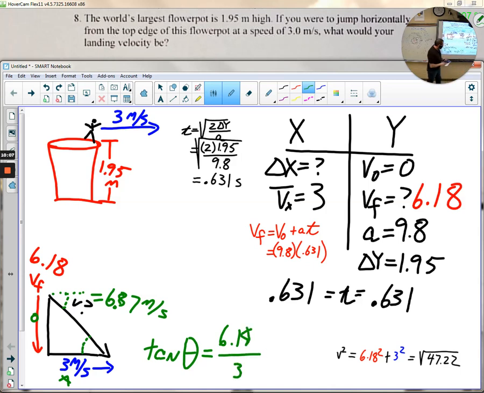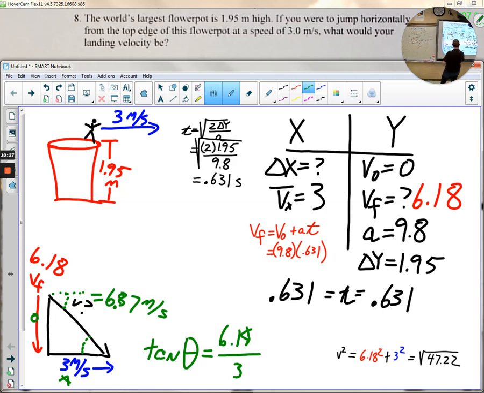So I'm going to hit second tangent, and I'm going to do 6.18 divided by 3. Make sure I'm in degrees and not radians. And it tells me that the angle down there is 64.11 degrees.